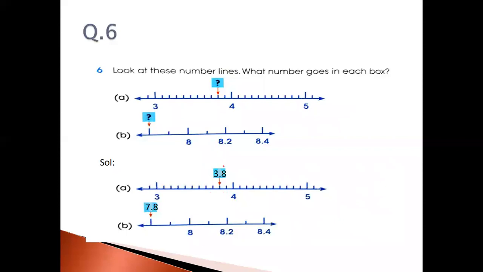Because this empty box is closer to the whole number 4, we can start backward counting.